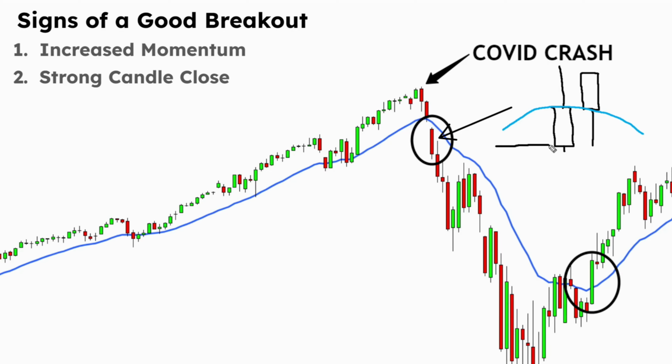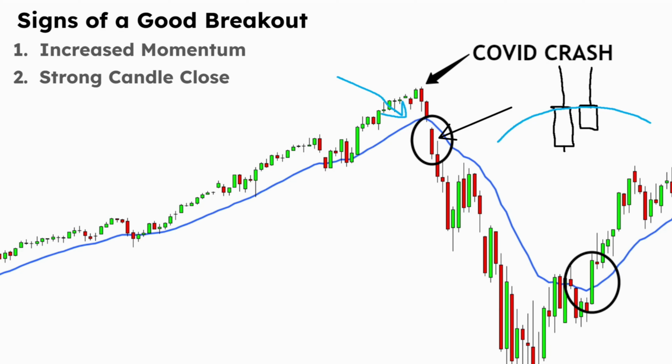That is because in one case, we see the candle closing far below the moving average, while in the other example, even though the price went all the way down here, we can see that the candle actually closed above. But let's say the other candle looked something more like this. And once again, we have the moving average going like this, just as we saw right here. Which of these candles is the best breakout?